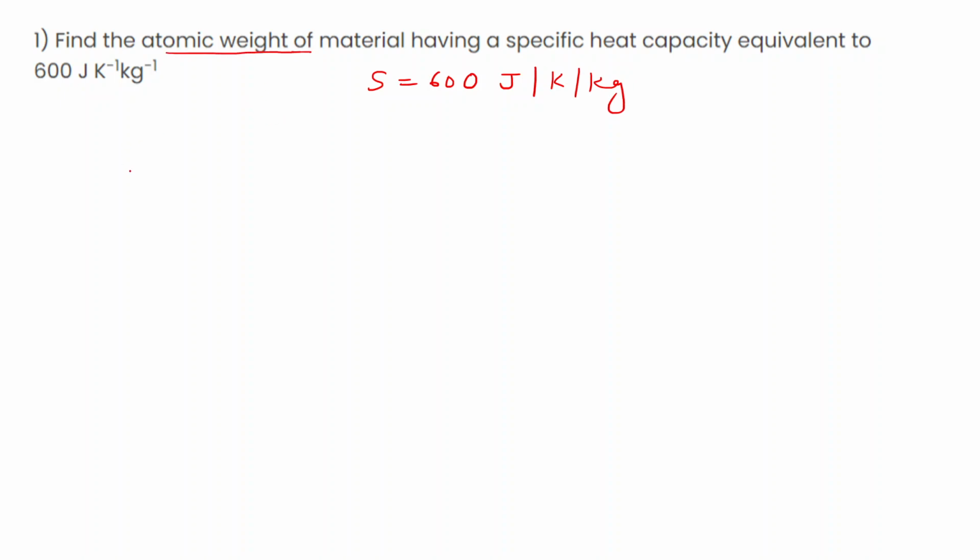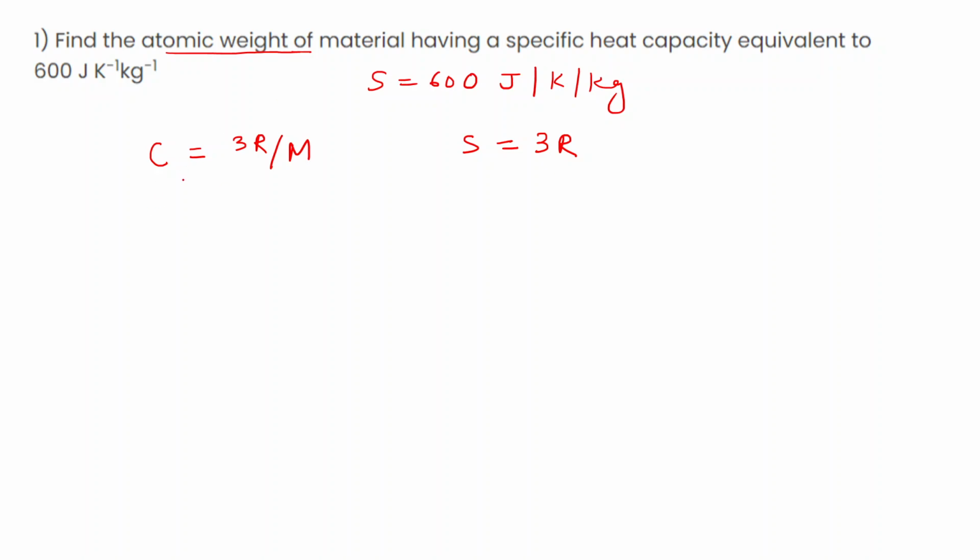Now if we recall Dulong-Petit law, then we know heat capacity of a material is given by 3R. If I represent specific heat capacity by C, then specific heat capacity is given by 3R by M.